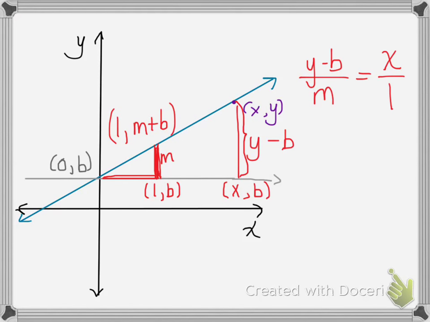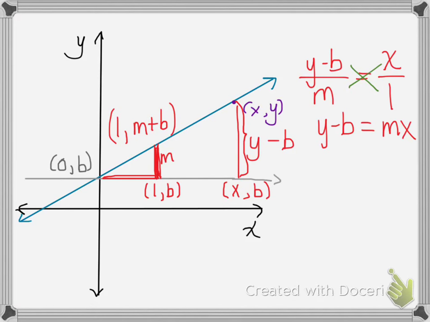So we get y minus b times 1, which is just y minus b, and that equals m times x.